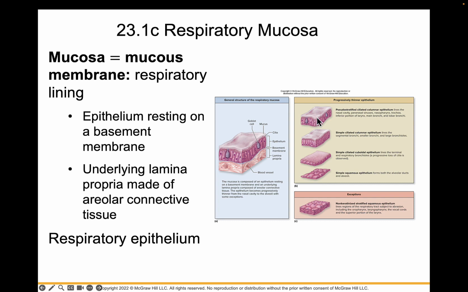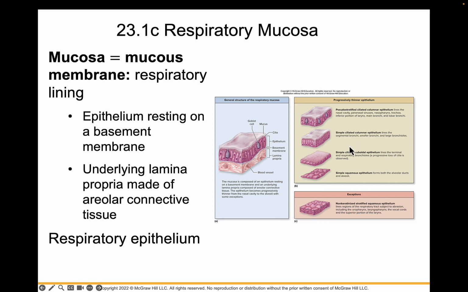So we're going to start off with the pseudostratified ciliated columnar epithelium, and this will be lining the nasal cavity, the paranasal sinuses, the nasopharynx, the trachea, the inferior portion of the larynx, the main bronchi, and lobar bronchi. Then we're going to have a simple ciliated columnar epithelium, and this will be found lining the segmental bronchi, or secondary, the tertiary bronchi, and then our larger bronchioles.